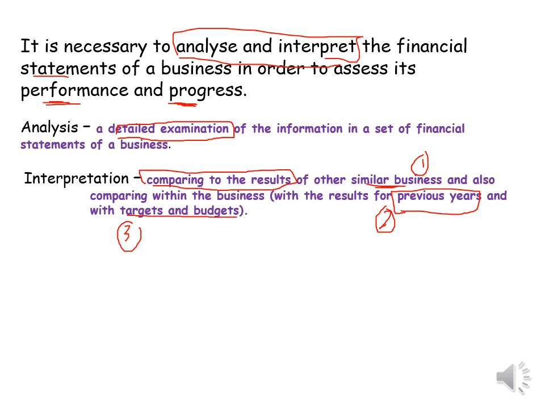Then we compare our actual financial statement with the budgeted financial statement. So these are the three comparisons we normally do to come to a conclusion whether the company is doing good or bad: company A and company B, last year and this year, and budgeted and actual.